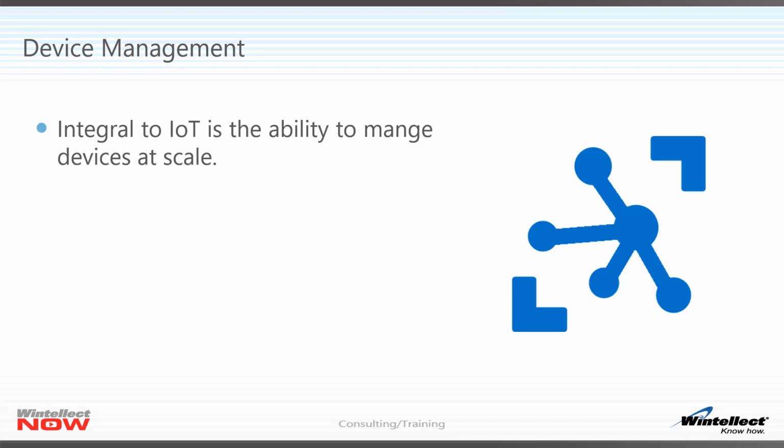Having this ability to manage devices at scale is going to take the headache out of updating devices. It's going to take the headache out of security and all of that. So you need a platform to manage millions of devices if you're going to go to that scale.